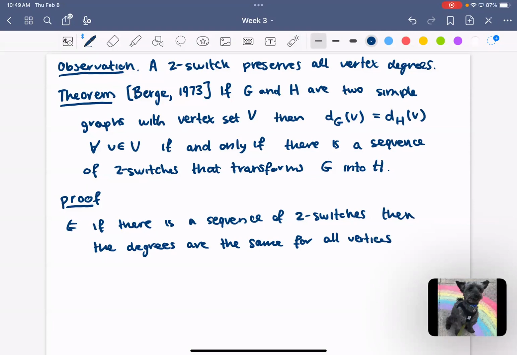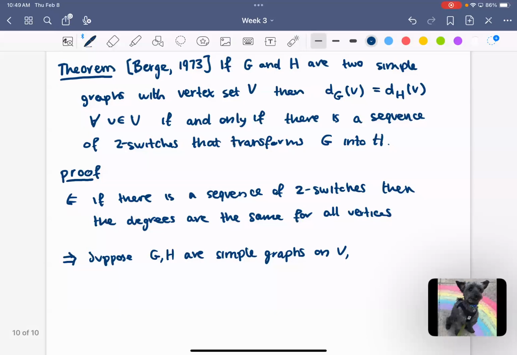Okay, so let's do the forwards direction, and this is a little bit tricky. And we're gonna do it by induction on the number of vertices. So let's do the forwards direction. So let's suppose G and H are simple graphs on a vertex set V, and the degree is the same for all vertices.